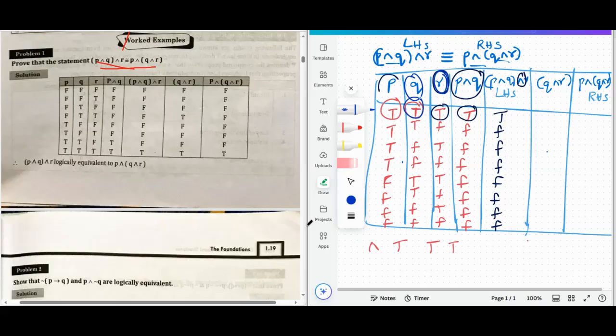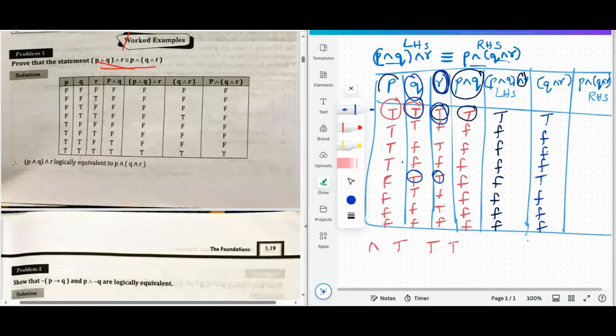T and T is T. Then false, false, false. Then T and T is T. Then again false, and again false.